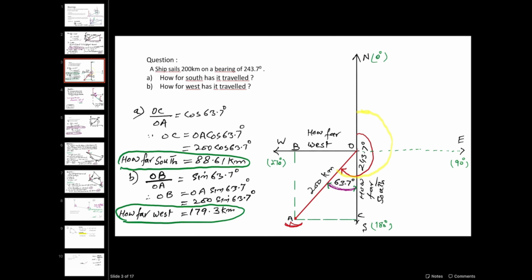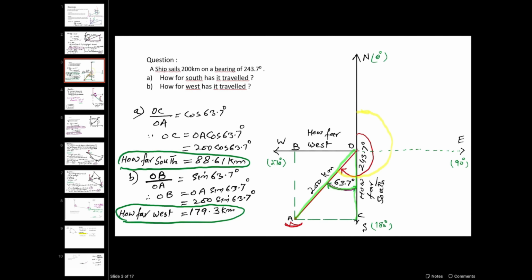In order to find the angle AOC, we should subtract 180 degrees from 243.7 degrees, which is equal to 63.7 degrees.